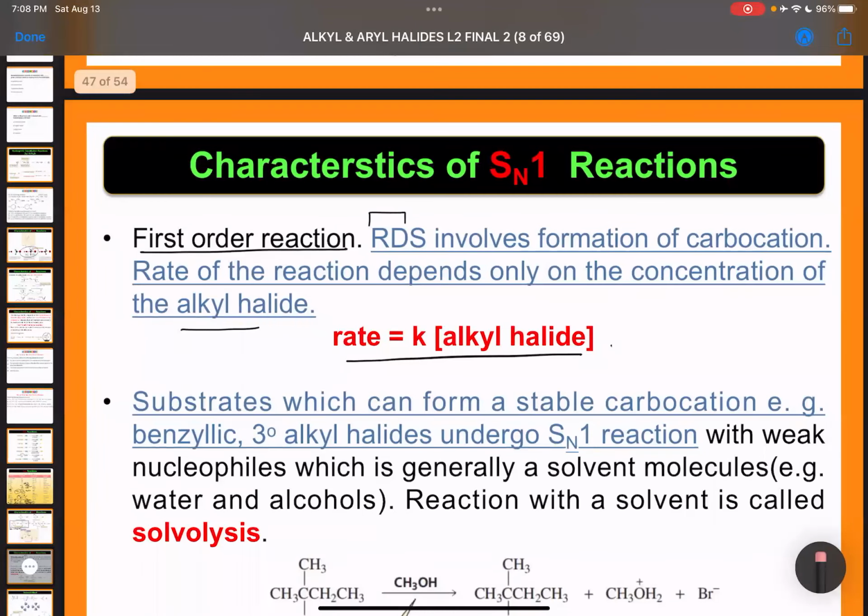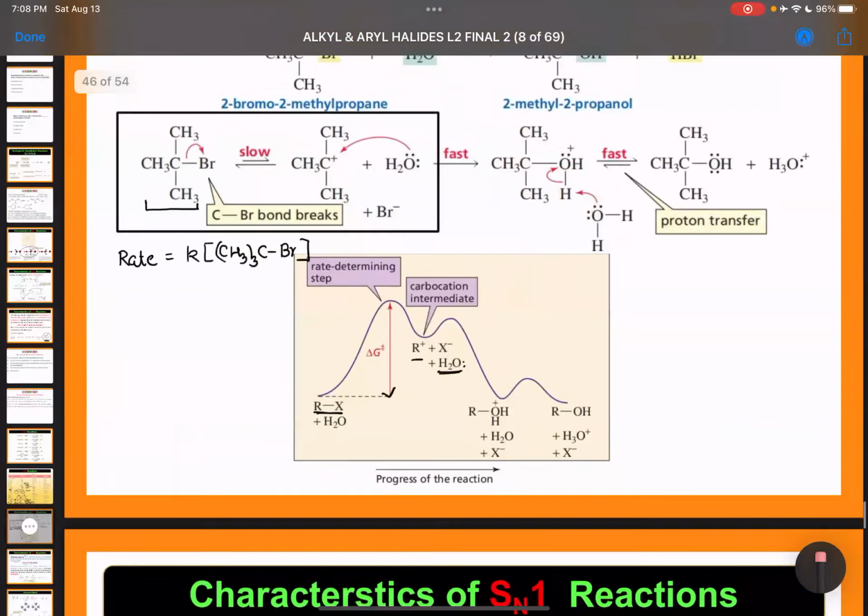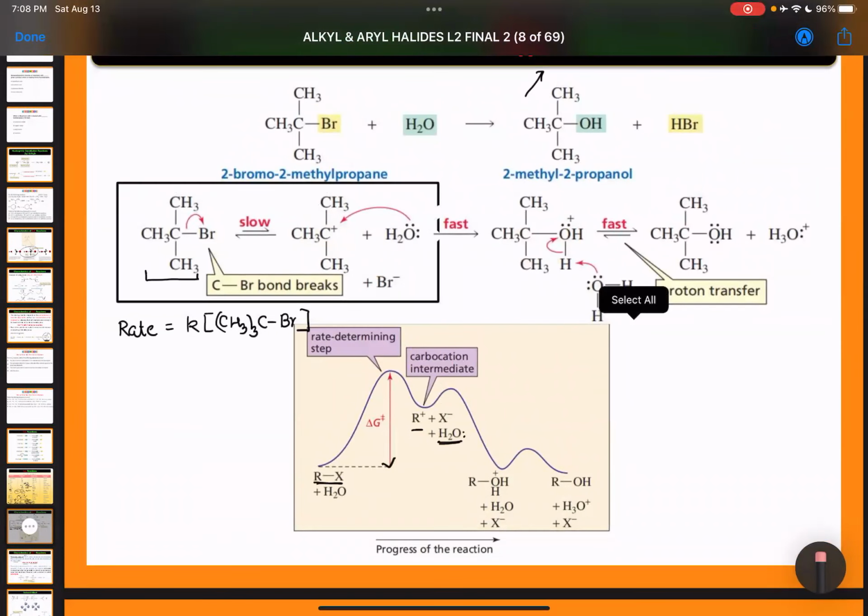Is it clear? Yes, sir. Because the attack of the nucleophile is already an easy step. It is not the thing happening very slowly, so it will not affect the rate of SN1.